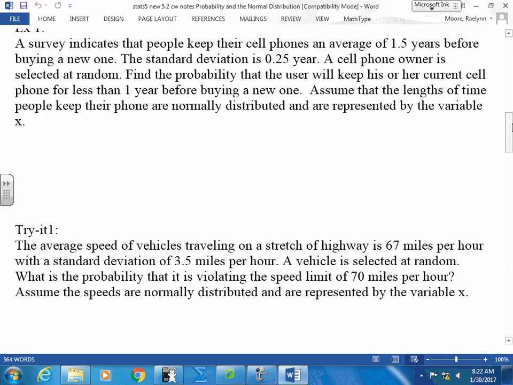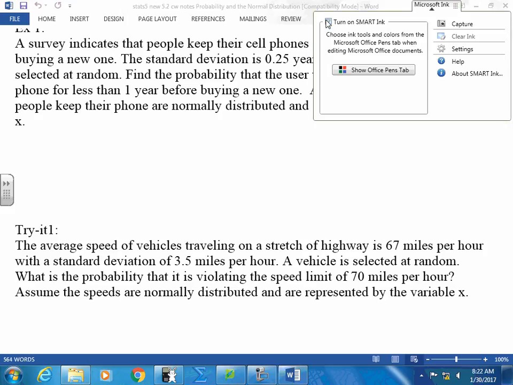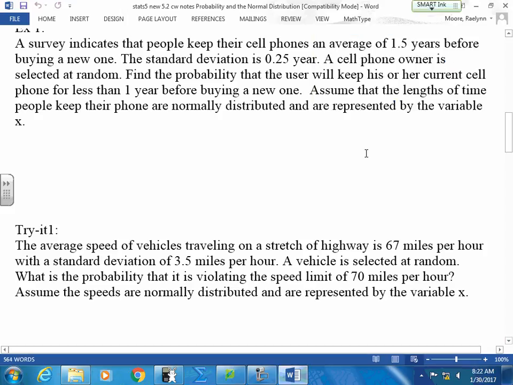So a survey indicates, get some color, a survey indicates that people keep their cell phones on an average of 1.5 years before buying a new one. And the standard deviation is 0.25 year, which is a quarter of a year. A cell phone owner is selected at random. And I want to see if they have the same trend that we forecasted here.